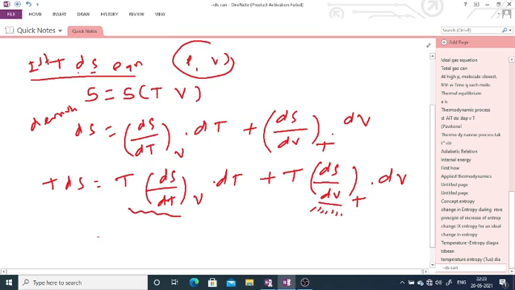We know that dQ is equal to TdS, which is the second law of thermodynamics.